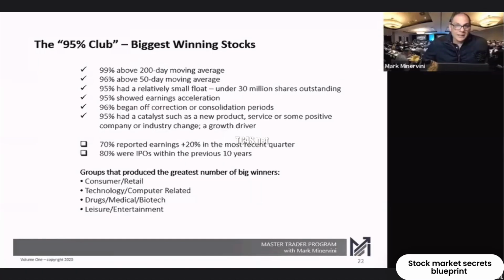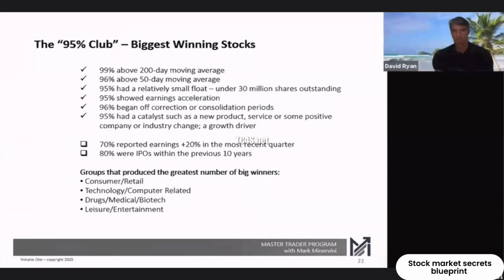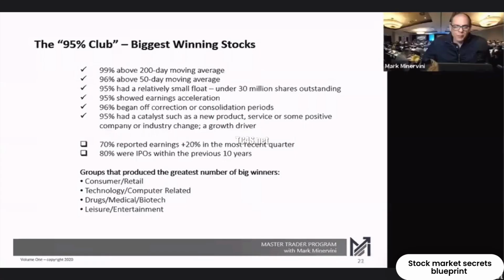If you moved forward a little bit into 1980, you moved up to 20 million, and then 10 years later, it was about 25, 30 million. So the companies got a little bit larger, but 95% of them showed some sort of earnings acceleration in the prior quarters. And 96% of them came off of market corrections. They started their move from market corrections. So market corrections are good.